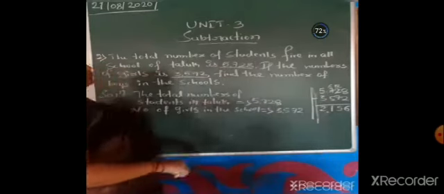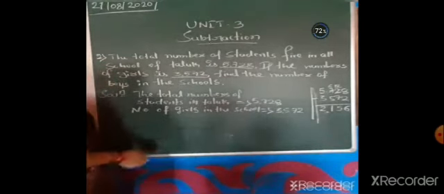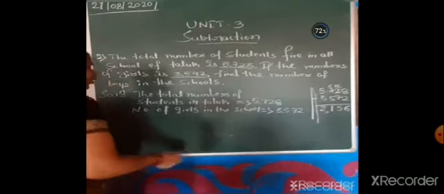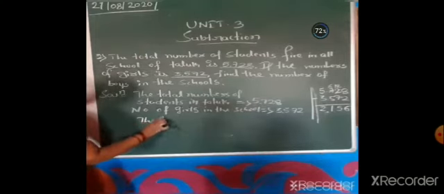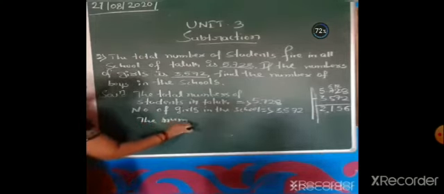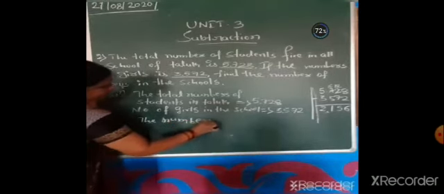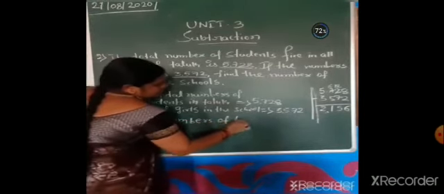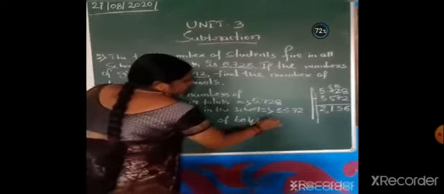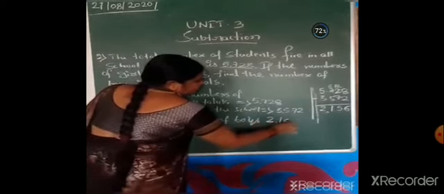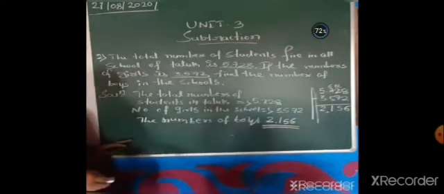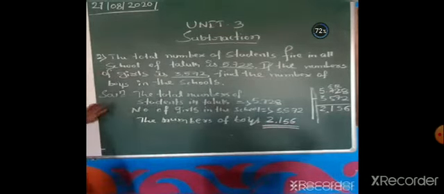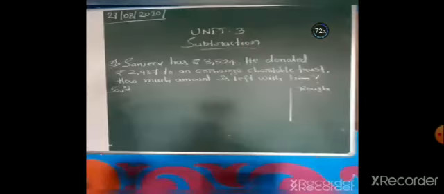So how many boys are there? The number of boys is 2156. The number of boys is 2156. Okay. So like this we do the problem.